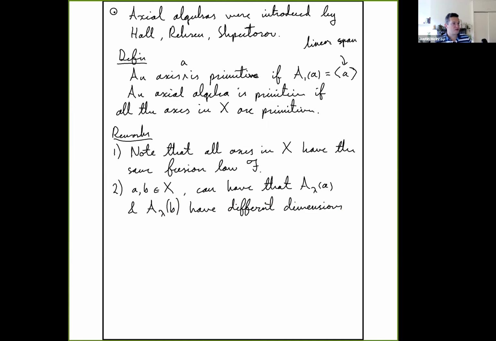So nowhere in my definition did I require all of the dimensions of the eigenspaces to be the same. So in particular, if they're not the same, then there's going to be no automorphism which takes one axis to another axis. In lots of cases, they will be the same, but they don't have to be.